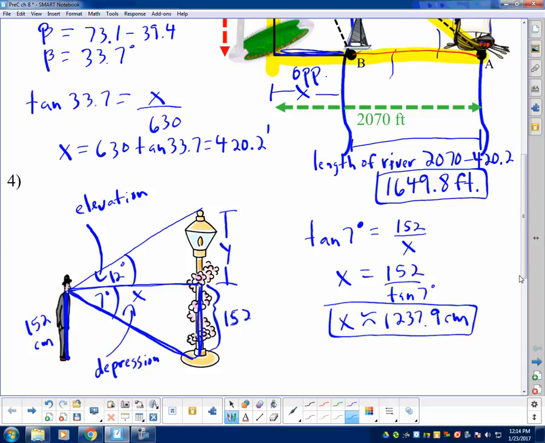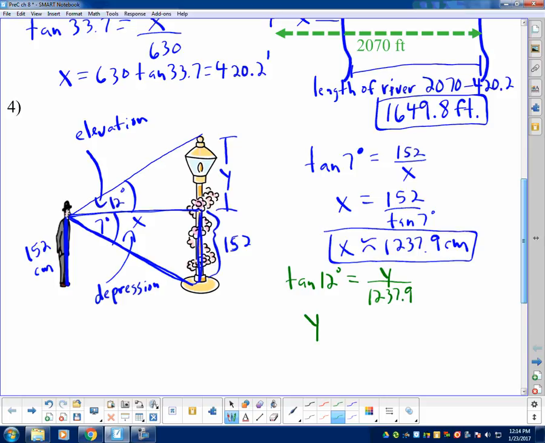And then once we have that value x, we could go ahead and do tangent again to find y. So we could say, okay, tangent of 12 degrees now is going to be equal to the opposite, y, over the adjacent, which I just found to be 1237.9.